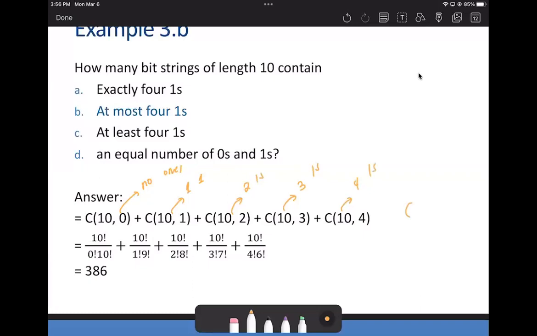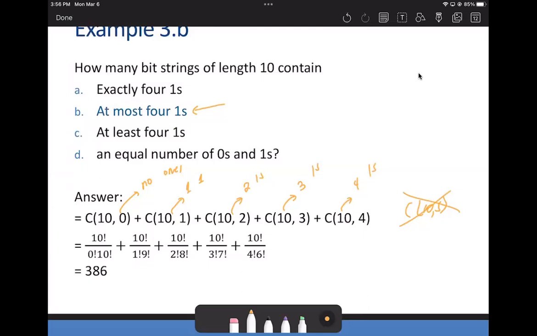So yung combination of 10 taken 5, that is no longer included since our restriction here is bit string of length 10 containing at most 4 ones lang siya.